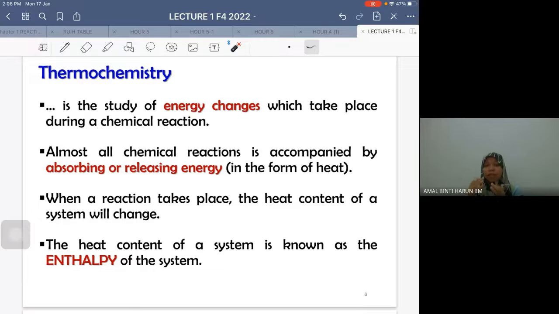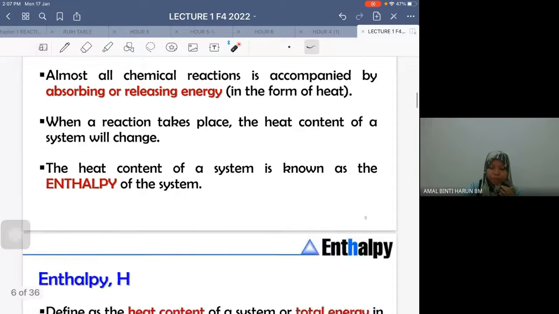Surrounding tu refer kepada dia punya atmosphere ataupun water ataupun buat reaction tu di dalam beaker, and the beaker itself or the solution itself might be the surrounding. Sebab solution tu yang akan absorb heat. Okay, ataupun surrounding can be the thermometer, sebab mercury dalam thermometer tu yang akan absorb heat. Okay, so faham konsep sistem dan surrounding.